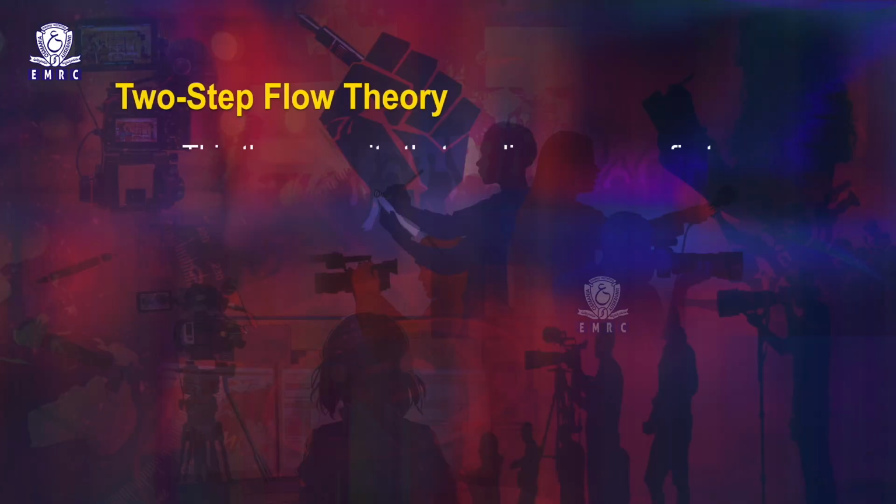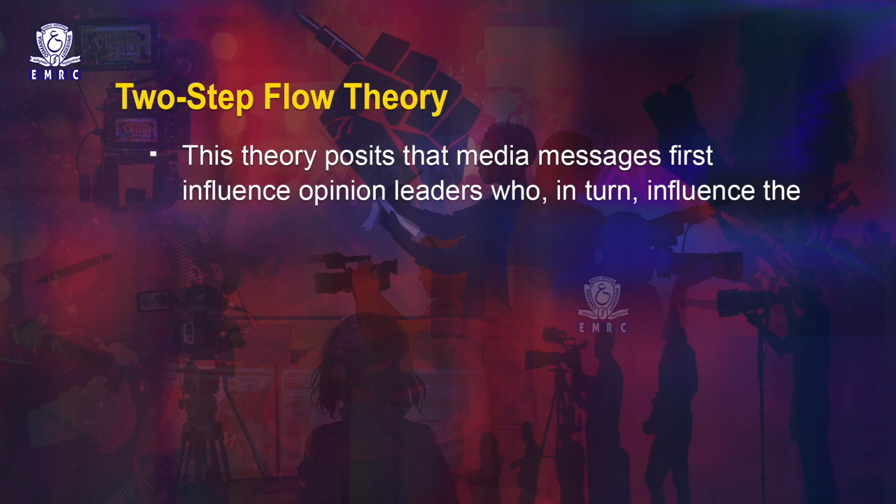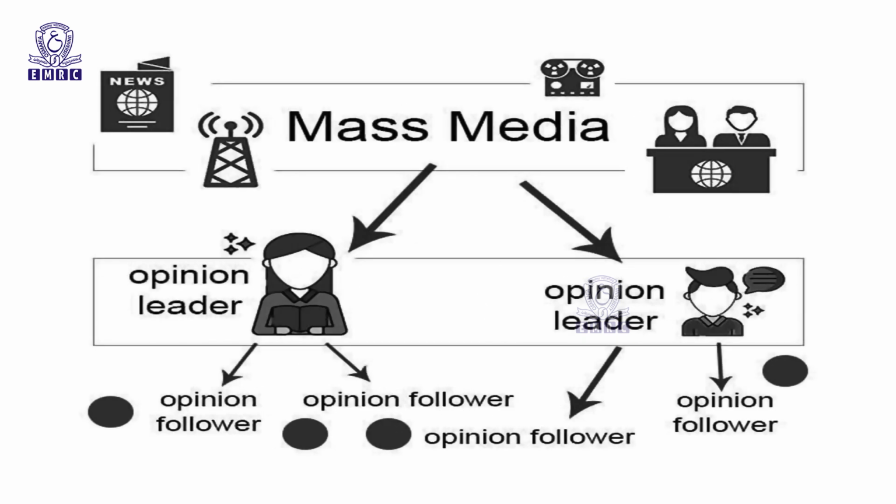Two-step flow theory. This theory posits that media messages first influence opinion leaders, who in turn influence the wider public. In the context of propaganda, opinion leaders may play a crucial role in disseminating and reinforcing propaganda messages.